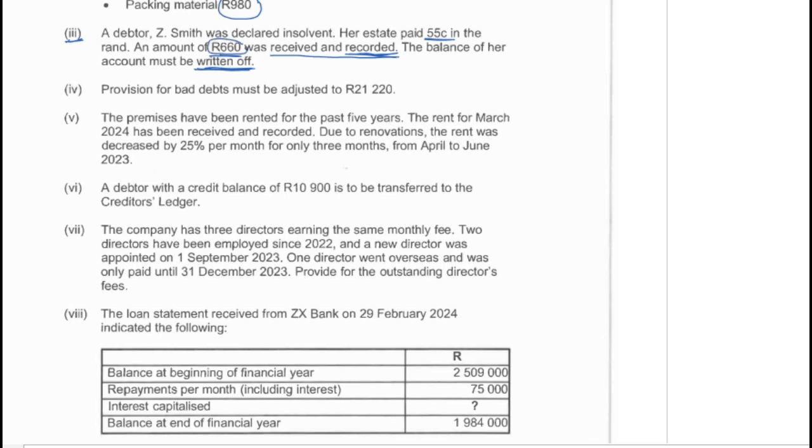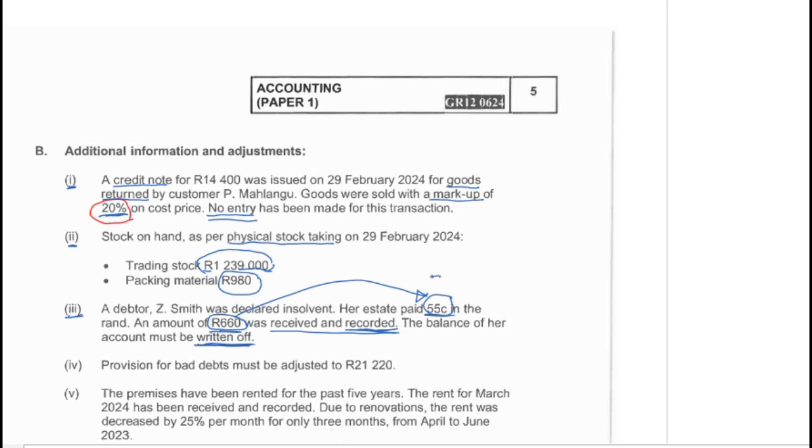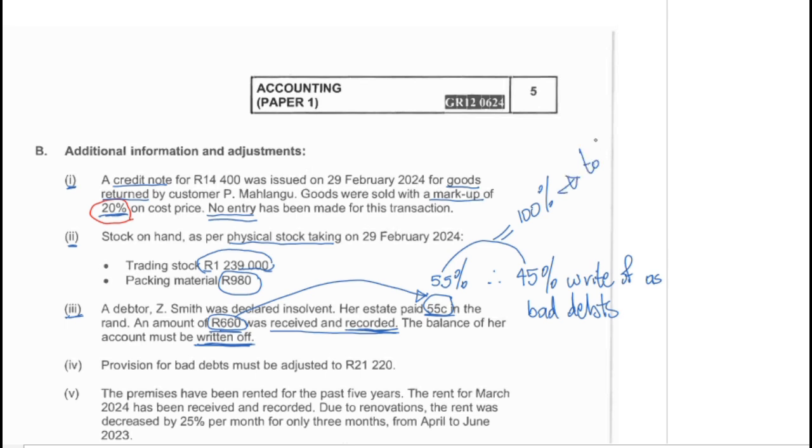We are given 660 rands as the amount received, and we are told that the estate paid 55 cents in the rand. That means this 660 rand is equal to 55% of the debt that was owed by Z. Smith to the company. It therefore follows that the amount to be written off is going to be 45% of the total debt. 55% plus 45% equals 100%, which is the total debt.